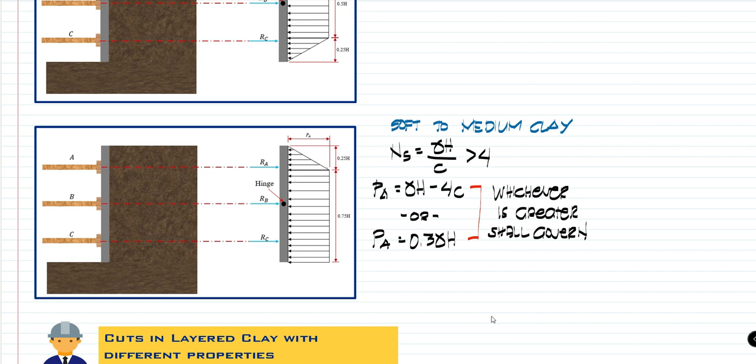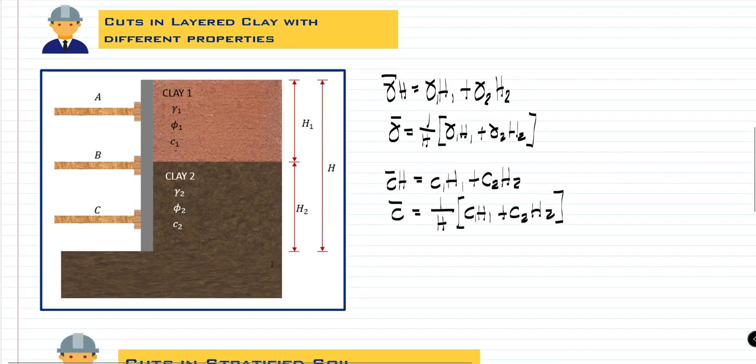So, after getting the modified cohesion and the unit weight, babalik ka dun sa procedure for determining if that is a soft to medium or a stiff fissured clay. So, yan yung procedure natin for cuts in layered clay na merong different properties.